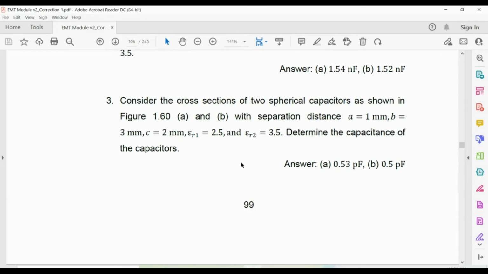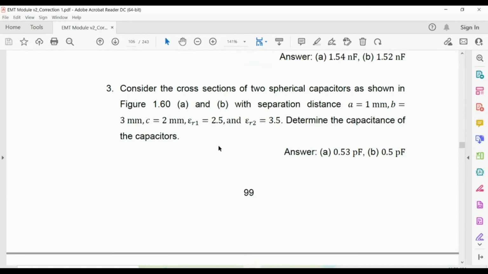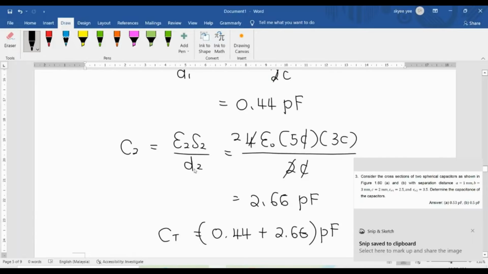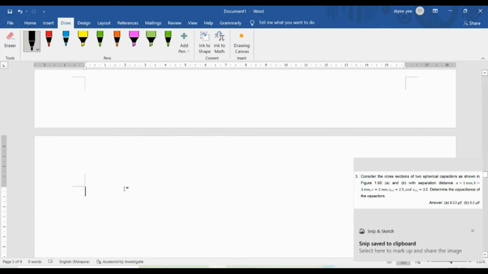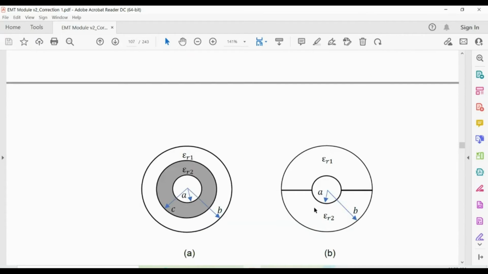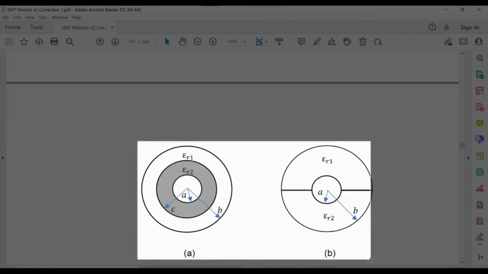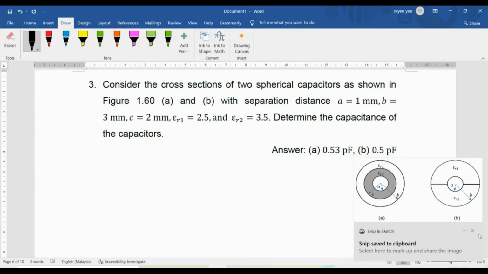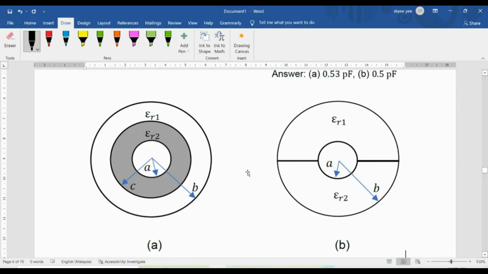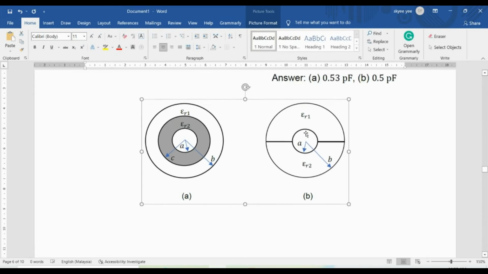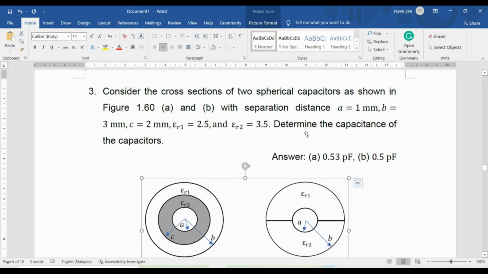Okay, we go to this one. Question three. Question three is using this figure. Let's see these two figures.